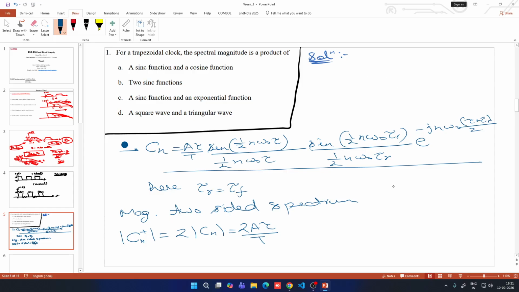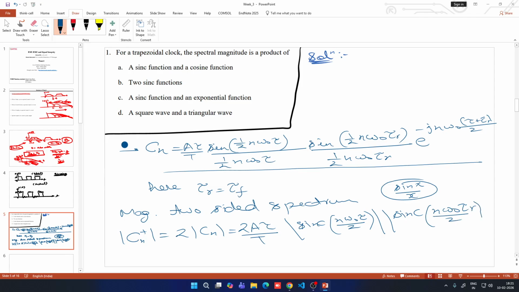We know that sin x by x is sinc, so its magnitude will be sinc of n omega naught tau by 2 multiplied with the magnitude of sinc of n omega naught tau r by 2.